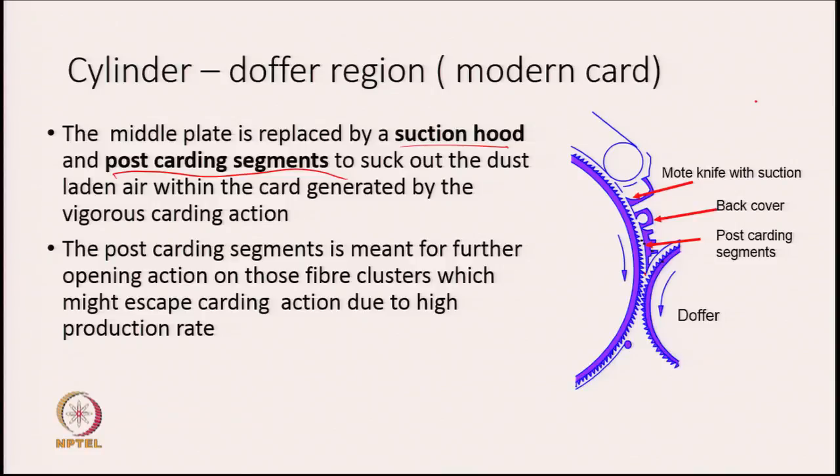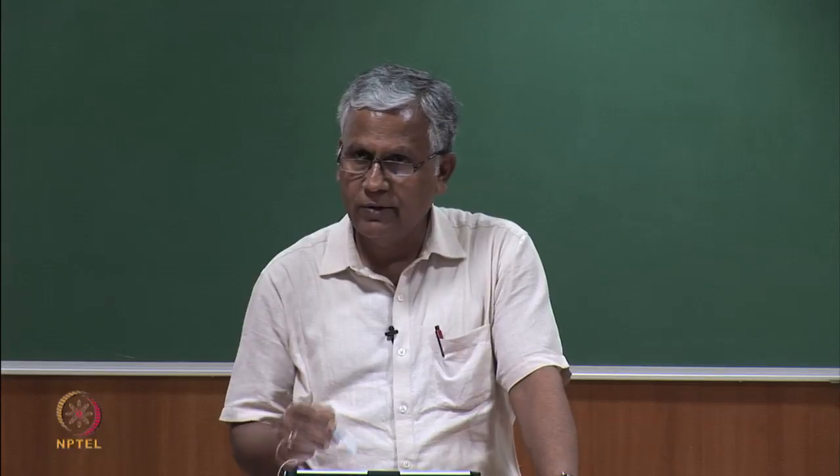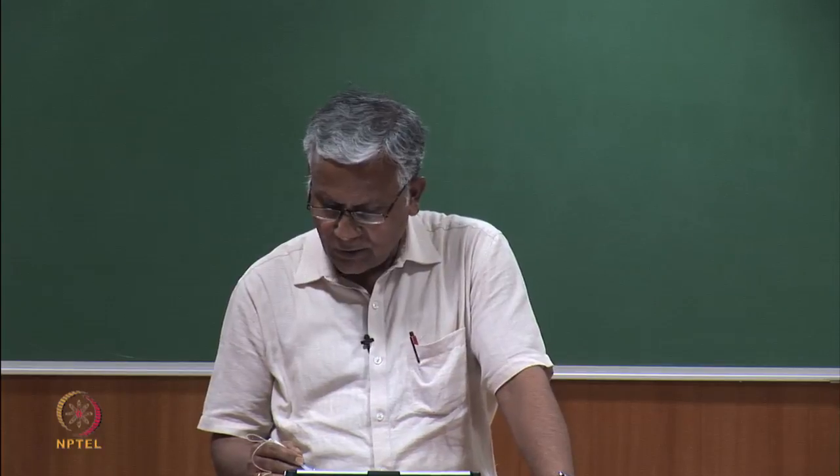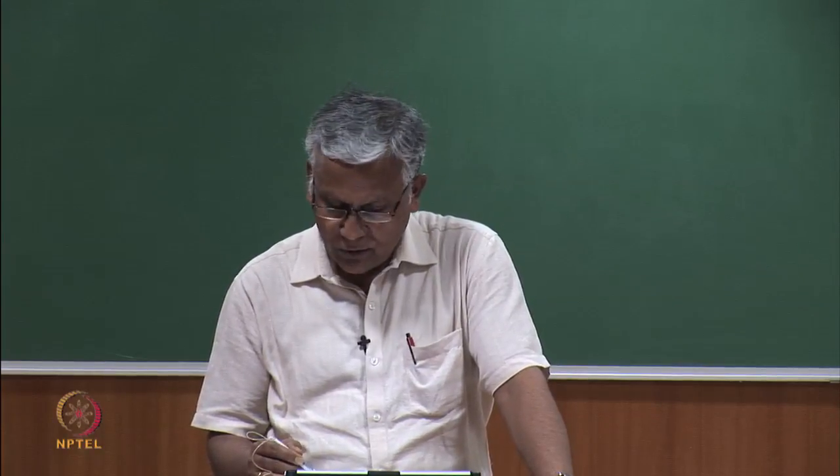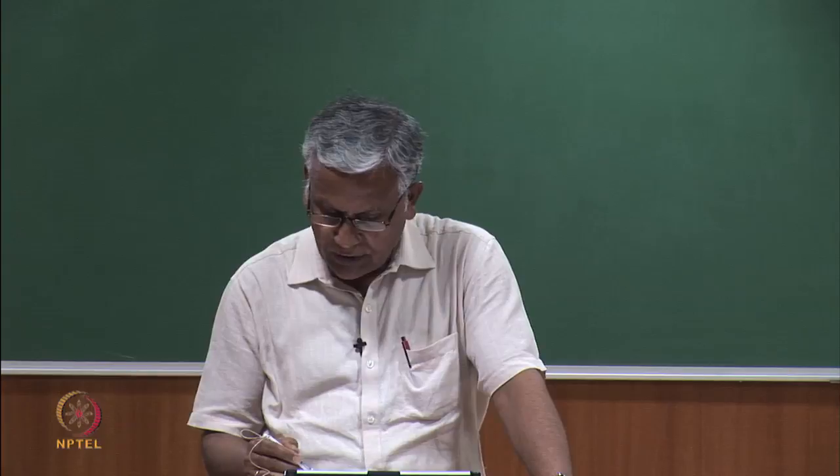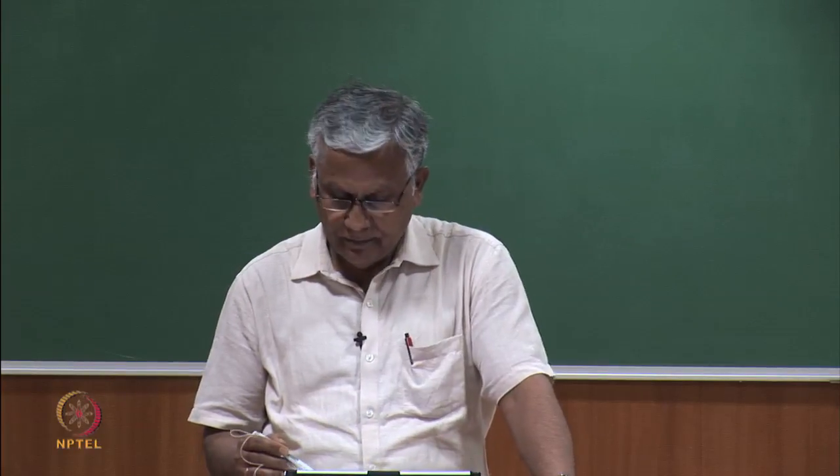One, we have placed post carding segments there, where we have some wire points, and therefore some kind of carding action is taking place between the post carding segments and the cylinder wire points. So, in case any tufts are accidentally left unopened by the flats and cylinder actions due to heavy production rate, there is a large opportunity for those tufts to get opened out before they land onto the Dhafir.